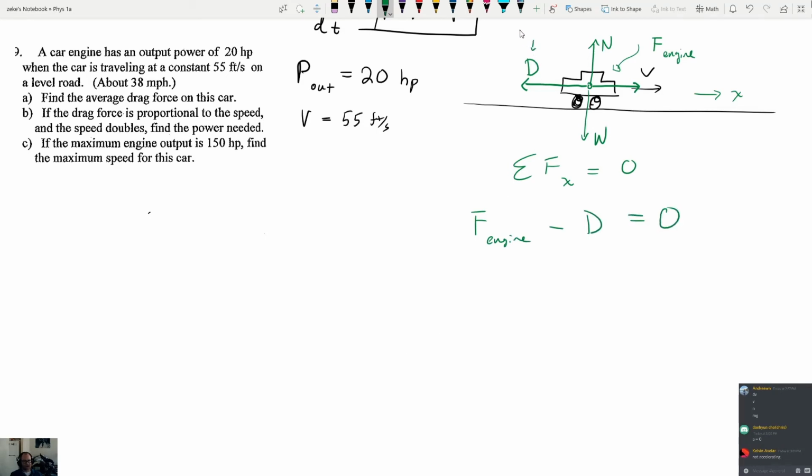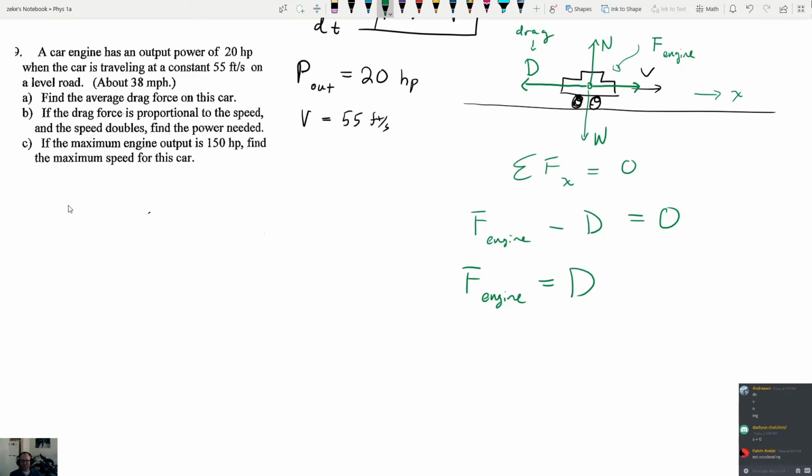D is drag, in case that's not obvious. Drag is just the force of air resistance. This means that the force of the engine is equal to the drag force. So if we could figure out what the force of the engine was, we could figure out the drag force. So how can we do that?